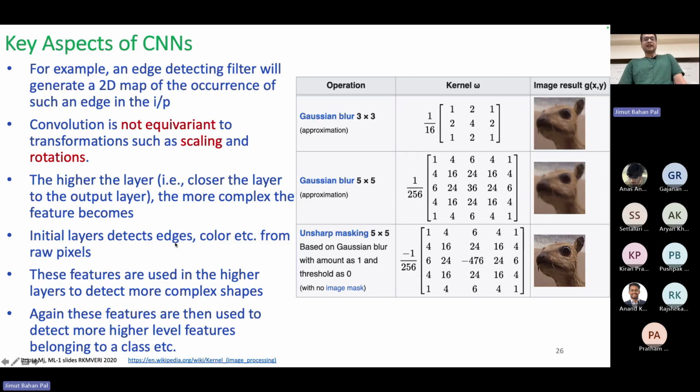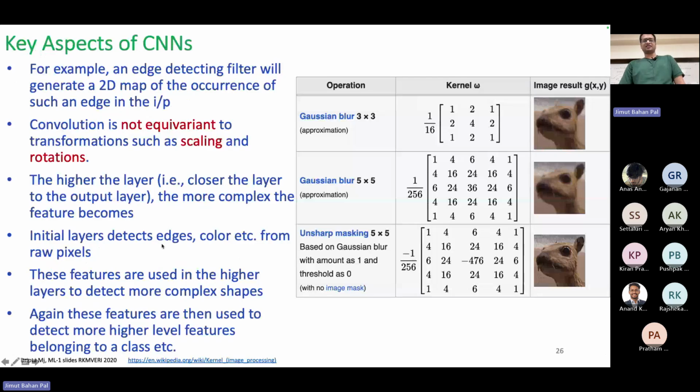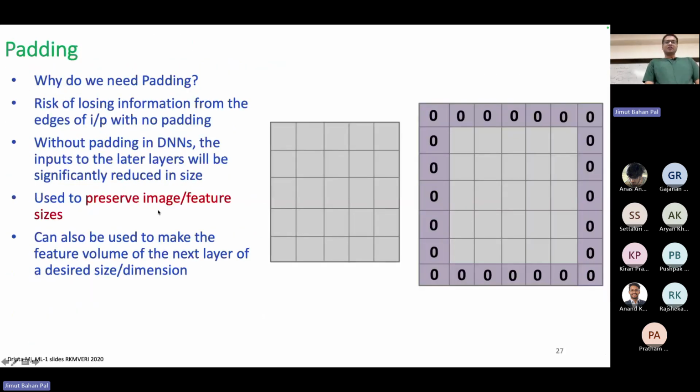So the initial layers detect edges, colors, etc. from raw pixels, and these features are used in higher layers to detect more complex shapes. Similarly, in the higher layers corresponding to this level of feature, it will detect more complex patterns. We will be seeing this in the later slides, what this means exactly.